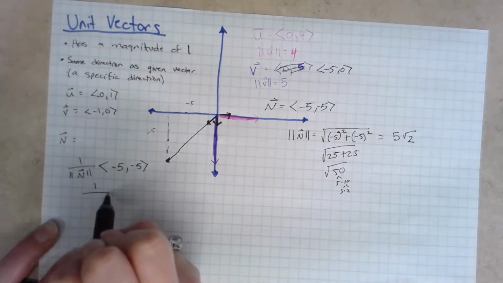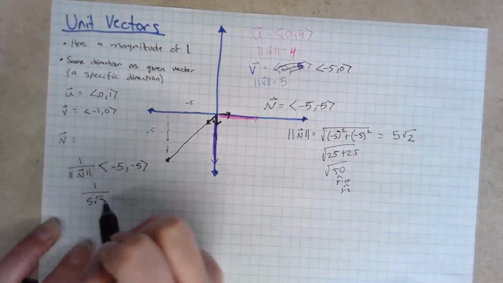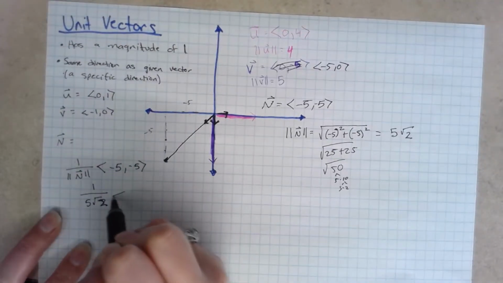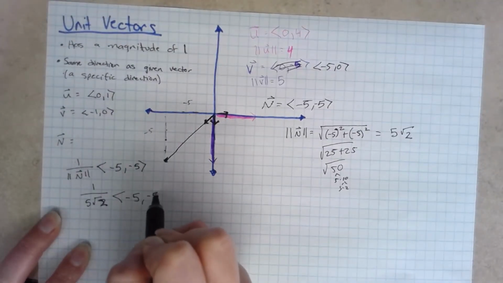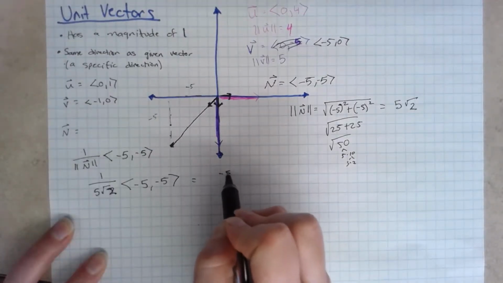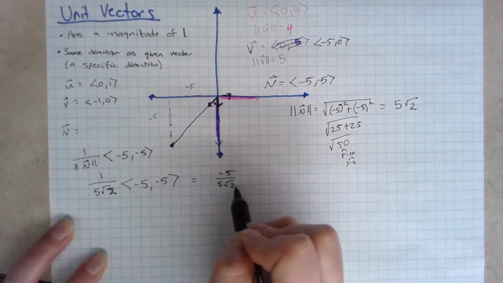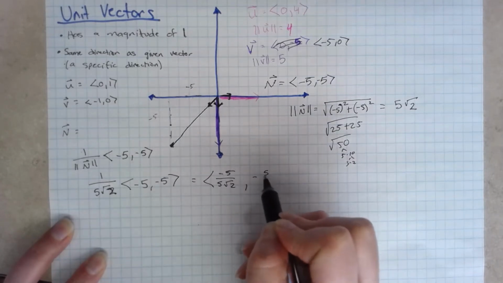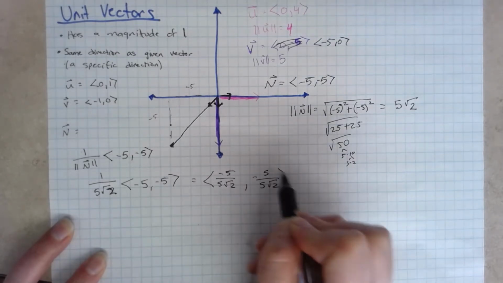So I have 1 over 5 square root 2 times negative 5, negative 5.